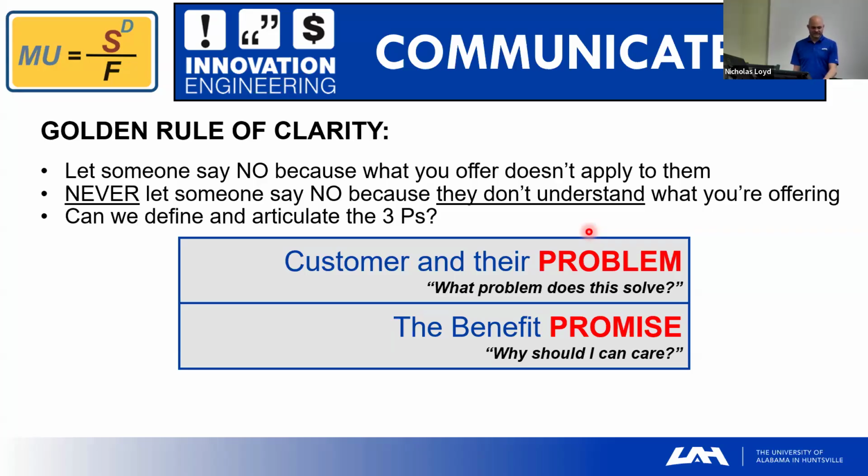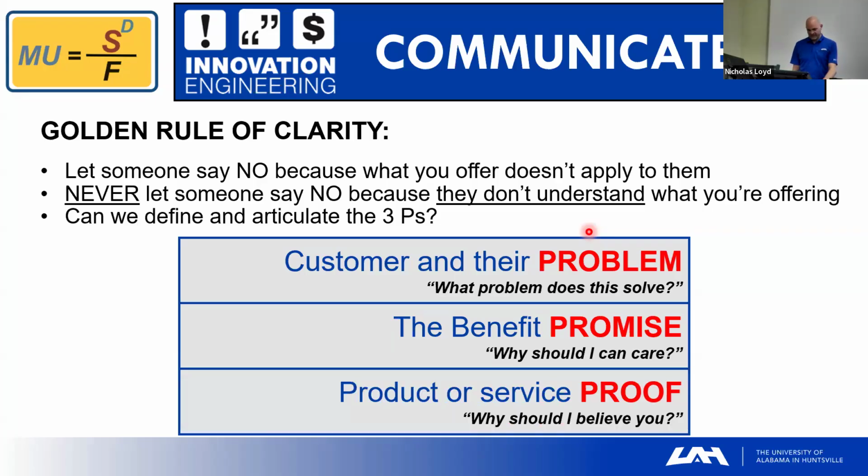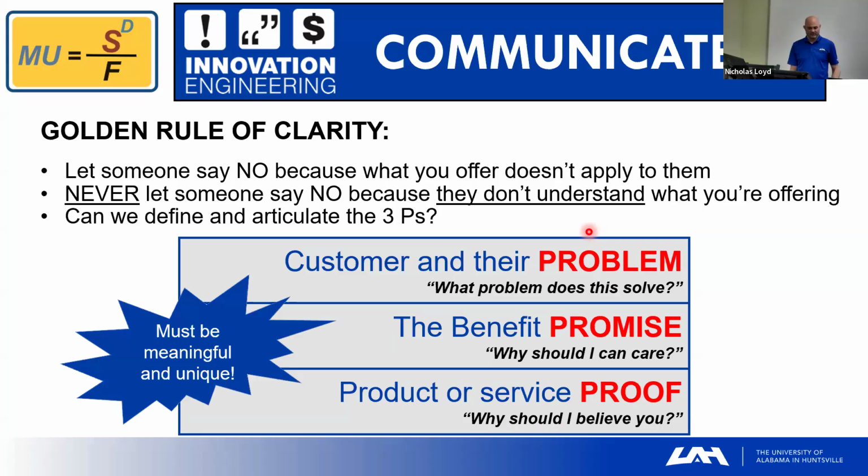In other words, for the customer, it answers the question, why should I care? And then the third is, if I can satisfy and convince them they should care, I have to have some kind of proof to back up that what I told them was a benefit promise is actually something I can do. And all of those will help me communicate if my idea is both meaningful and unique, which is what we define as innovation.